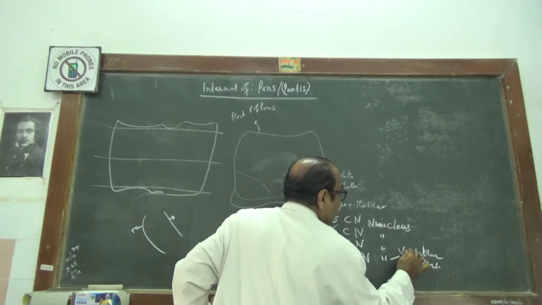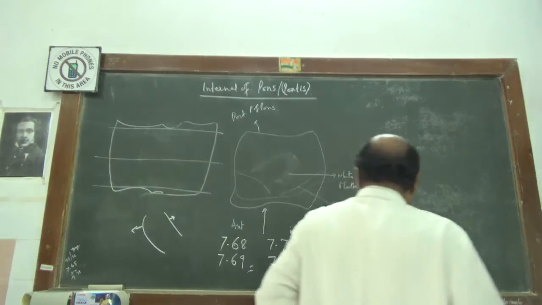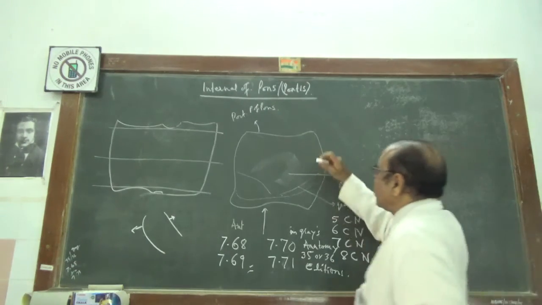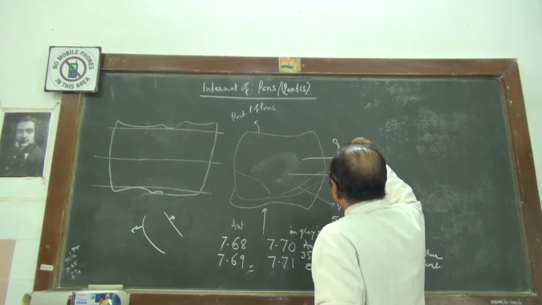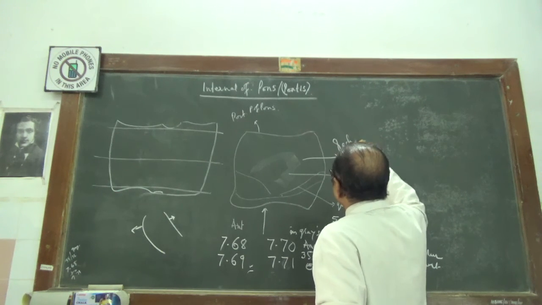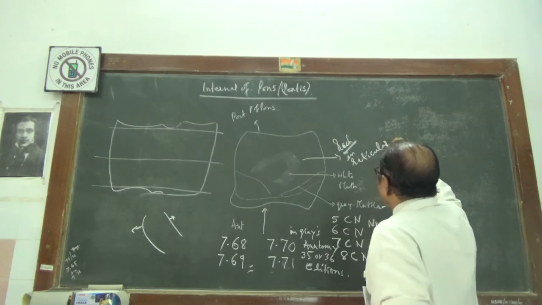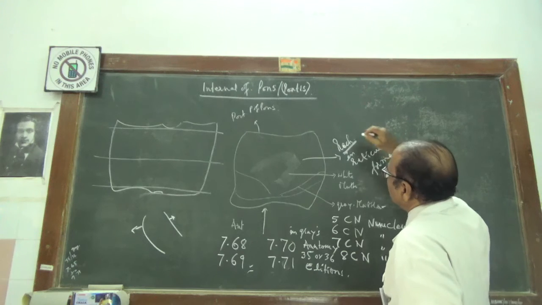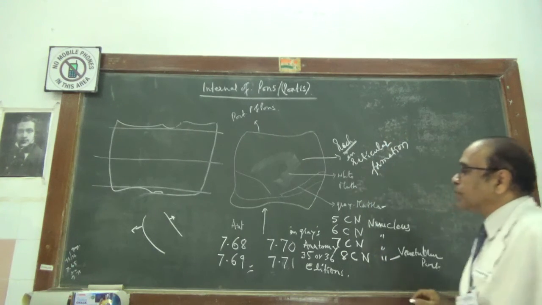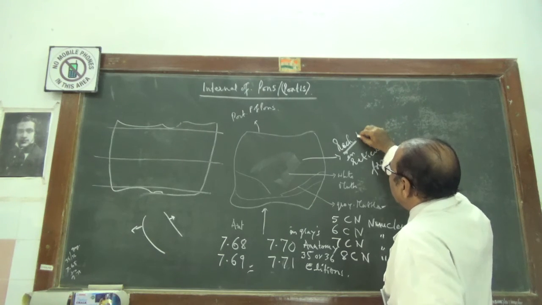Apart from this, in the Pons you will find the reticular formation very rich, abundant.